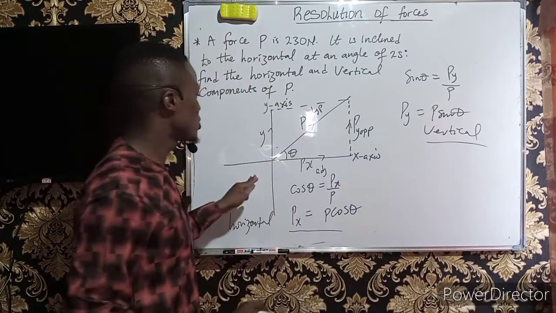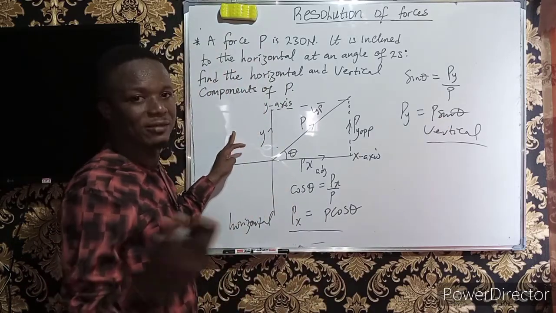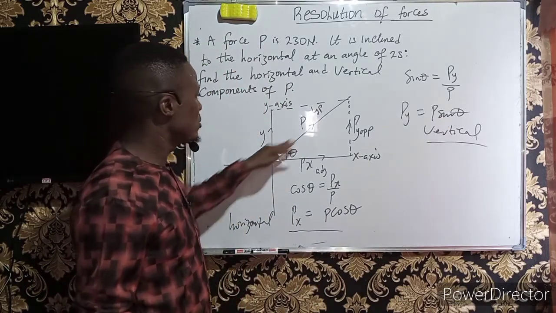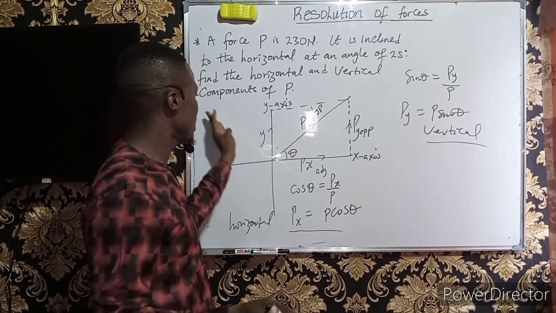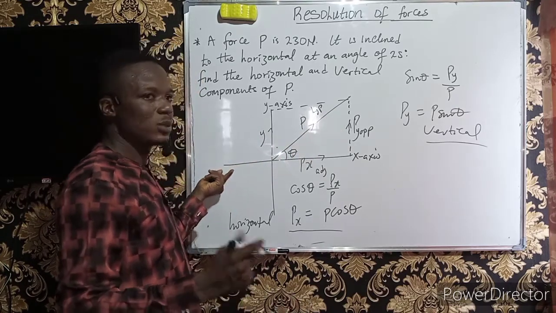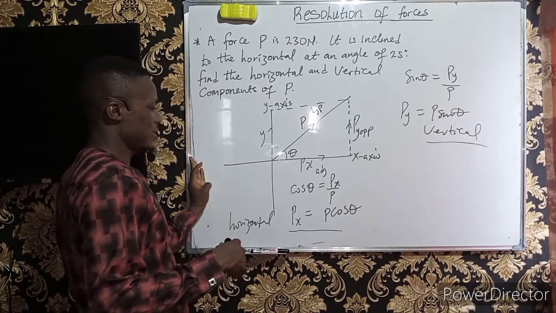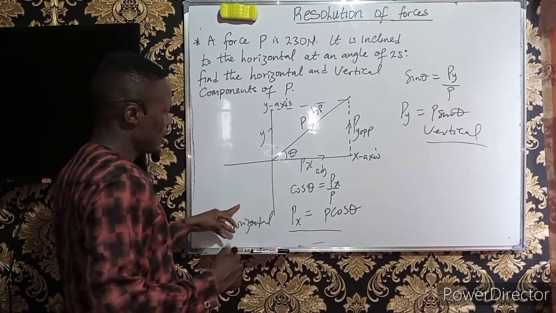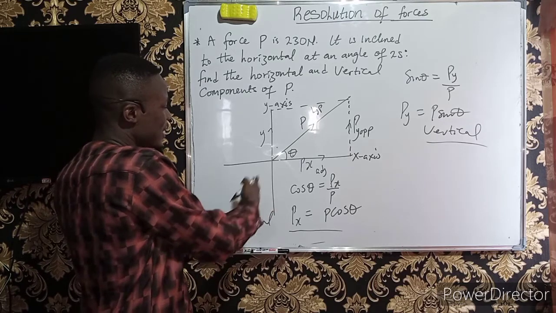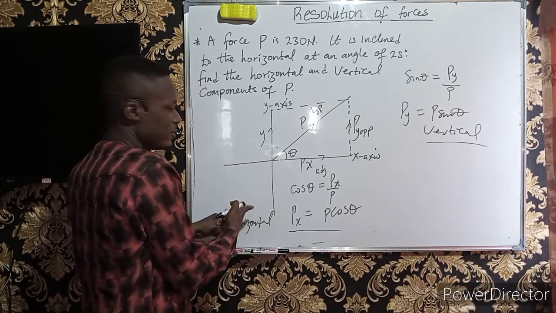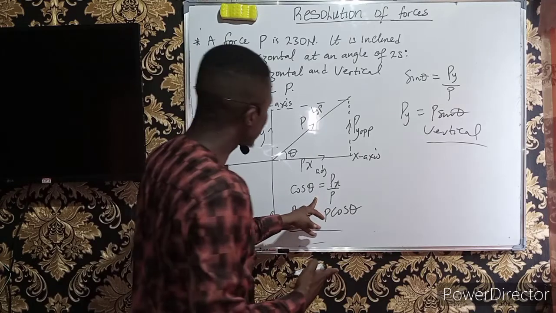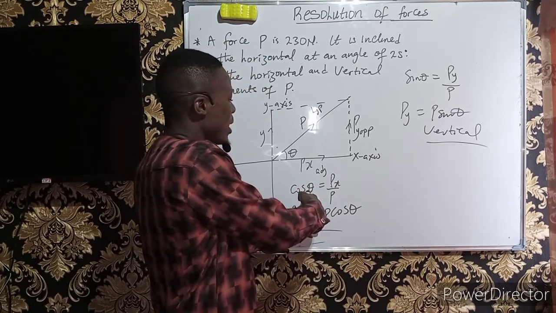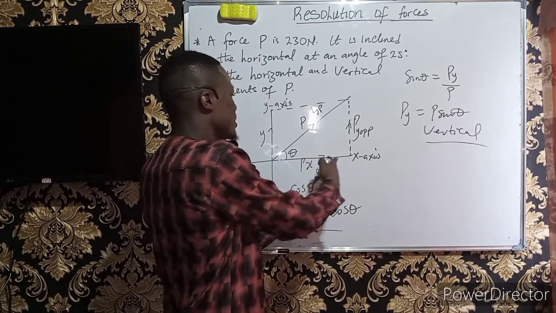Also, the quadrant where the force falls can determine the sign of its value. Assuming this force P is here, the x component will be negative, because this is a negative axis. If it appeared here, both the y component and the x component will be negative. If it appears here, only the y component will be negative, while x is still positive.